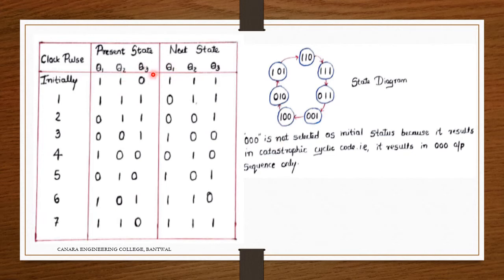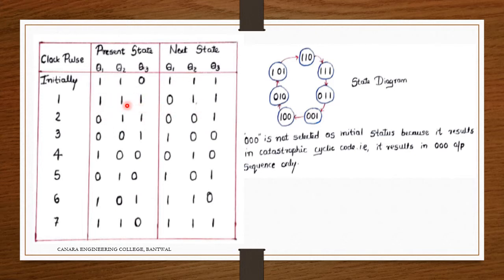So I'll take it randomly as 110. I can take anything, but I'll tell why I've taken 110. Now Q2 and Q3 will be added modulo 2 and given here, then Q1 will be moved to Q2, and Q2 will move to Q3. This is the present state, and after one clock pulse is given, it will become 111.